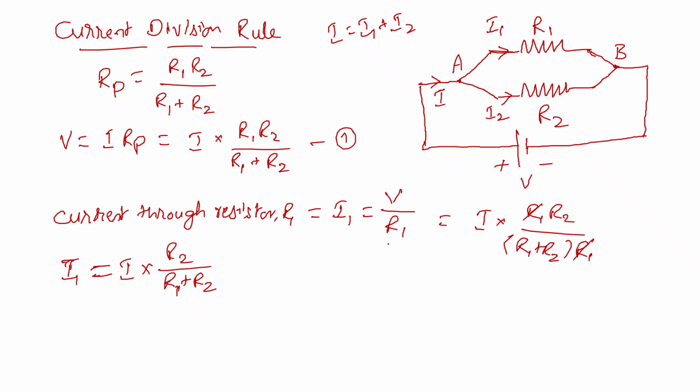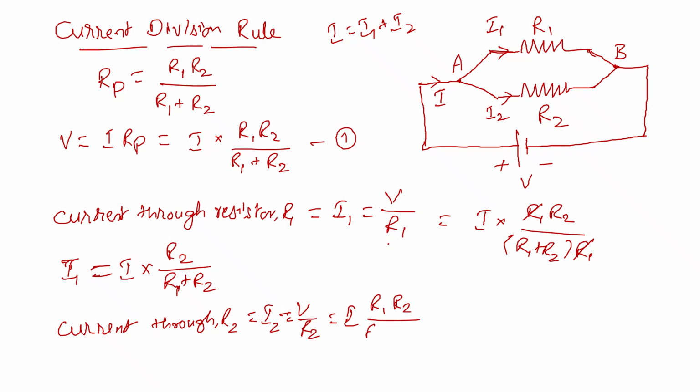Similarly, current through R2, I2 equal to V by R2, equal to I into R1 R2 by R1 plus R2 into R2.